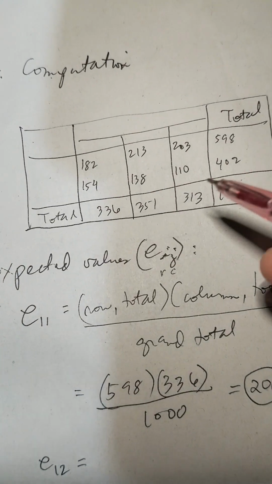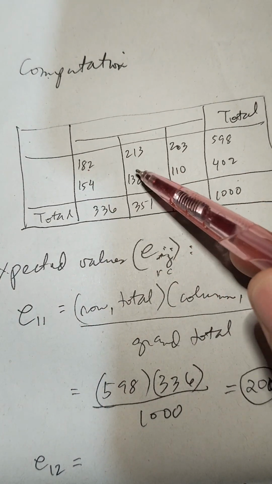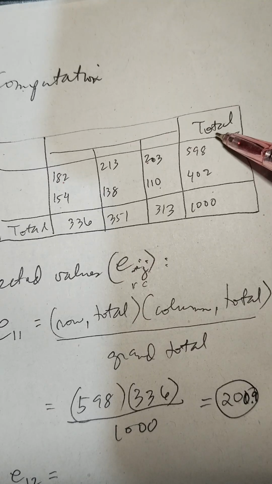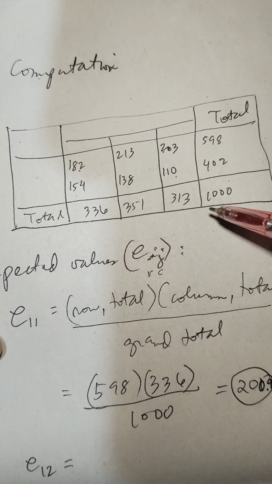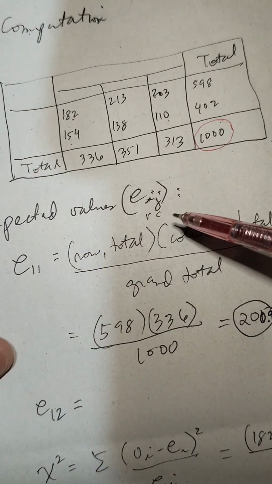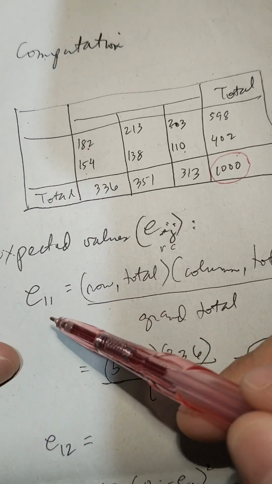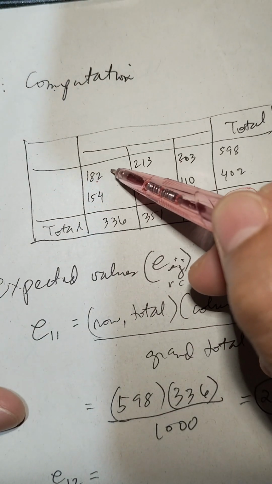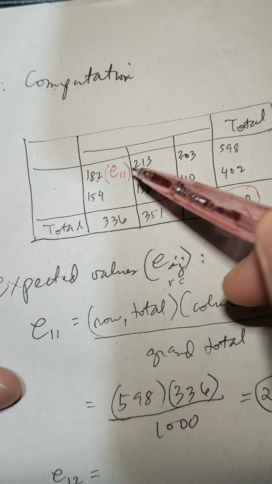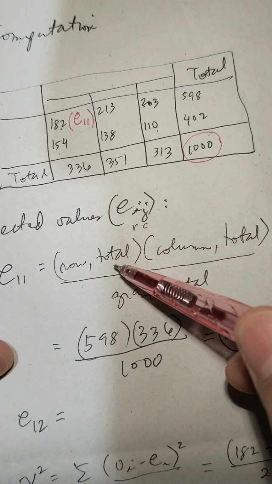Okay, let's go to the computation. Your table has observed values. In order to get the expected values, you need the row totals and column totals, and your grand total is 1,000. How do we compute the expected value? For example, the expected value for row 1, column 1 is placed beside the observed value in parentheses.